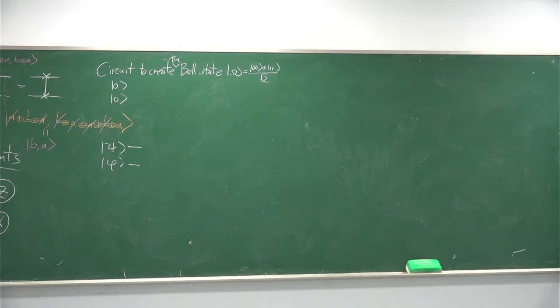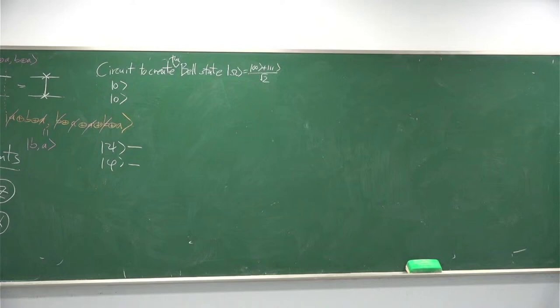For example, the T gate: if I start in a computational basis and all the other gates are from Clifford, the gates that map Paulis to Paulis, then we can simulate the circuit classically, efficiently.